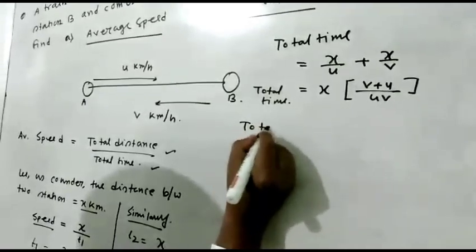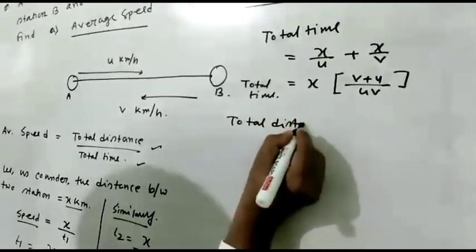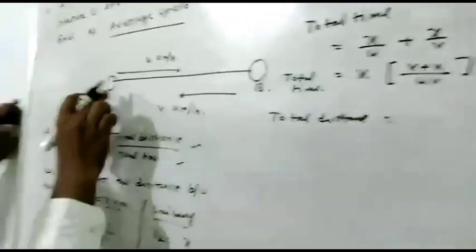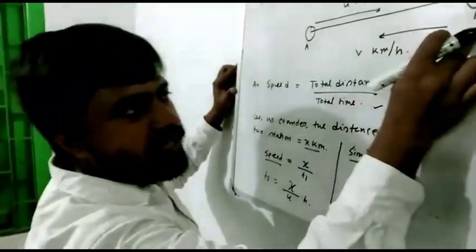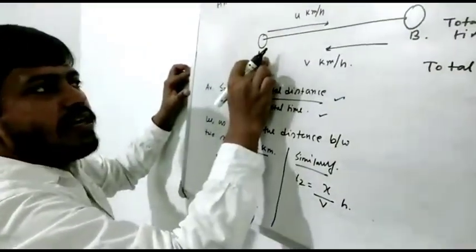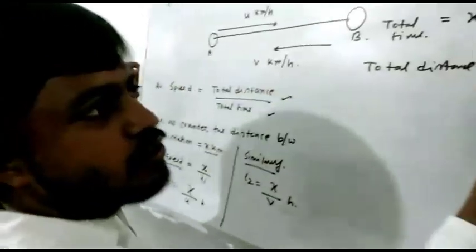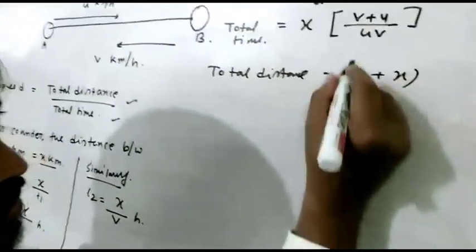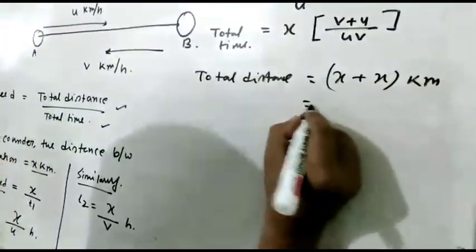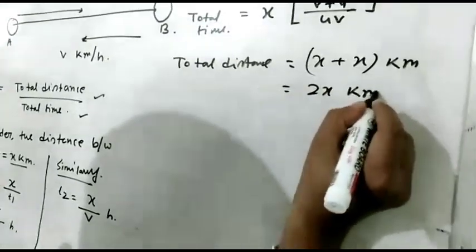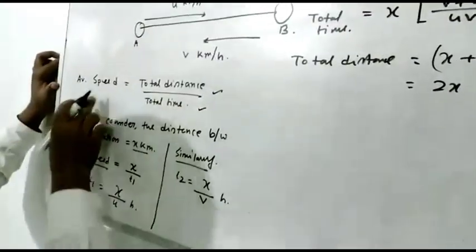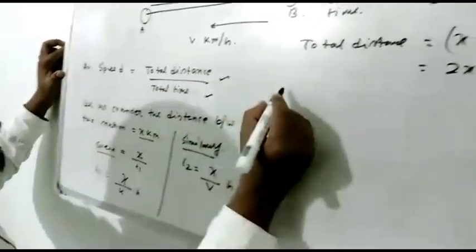Total distance: first, the train covers the distance x kilometer, and once again the train comes back to the same station. So x plus x equals 2x kilometer. Now the average speed formula equals what? Total distance by total time.